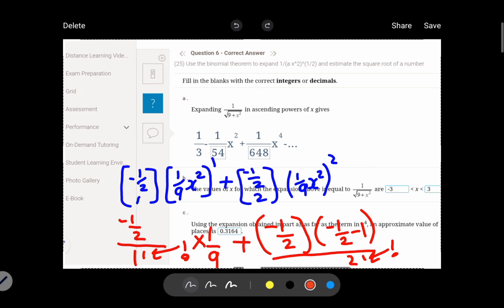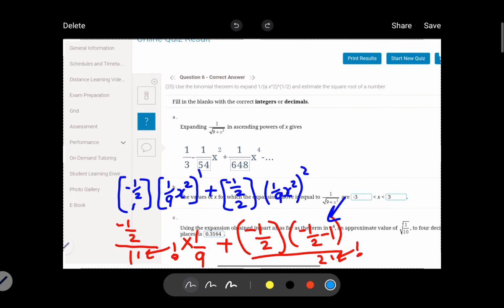Okay, minus 1. Why minus 1 here? Because here we have 2. So when they say 2, look here, they said 2. We minus by 1 each time. And if they said 3, it will be minus 2. If 4, it will be minus 3. Okay, so yeah, like that.